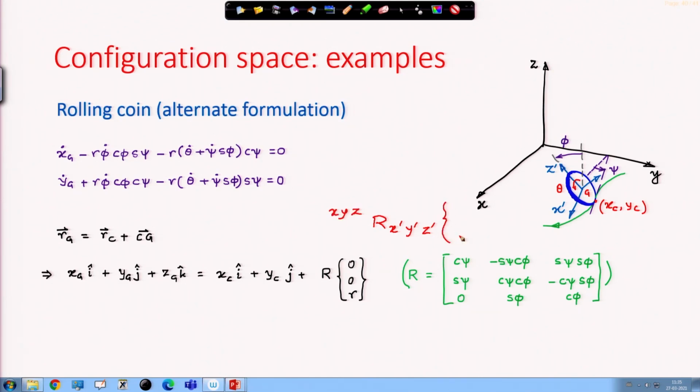If I multiply here any vector in the primed frame, what is the vector CG? CG has a magnitude r and a direction along the z prime. Therefore, this must be 0, 0, r, and if I multiply with this rotation matrix, I will get CG in x, y, z, the representation of that same vector CG in x, y, z coordinates.